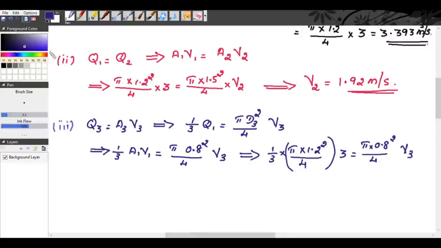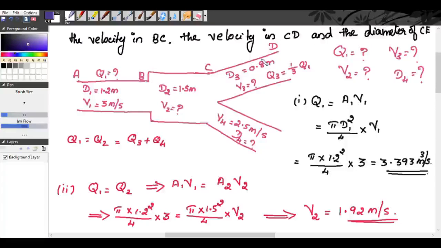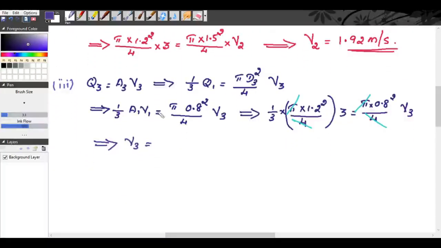You can cancel the 4 and pi. So V3 will be equal to, the only unknown is V3 or VCD, right? V3 means velocity in the pipe CD. So V3 is equal to VCD, we will get 2.25 meter per second.